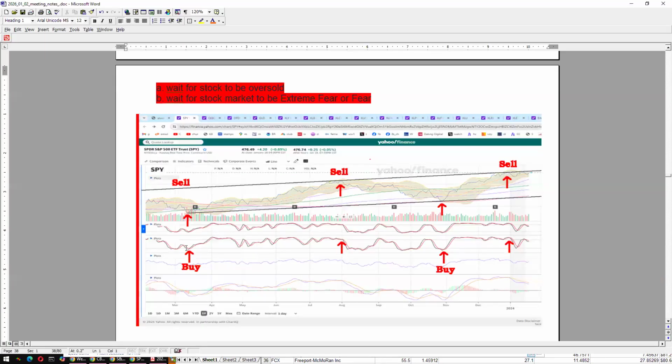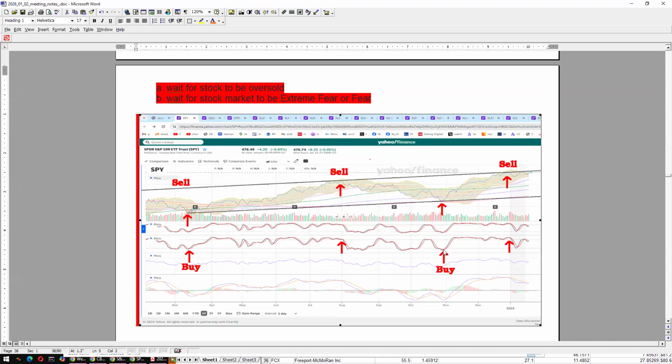So you want to buy stocks whenever they're oversold, right? Like right here, at the bottom of their chart pattern of their trend lines. So you want to buy right here, and whenever the stock is overbought, like it is right now, you probably want to sell. So right here is a good time to sell.